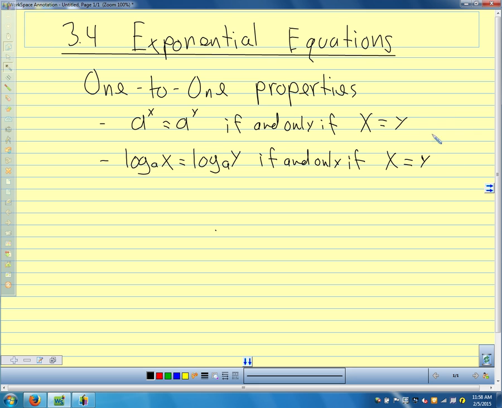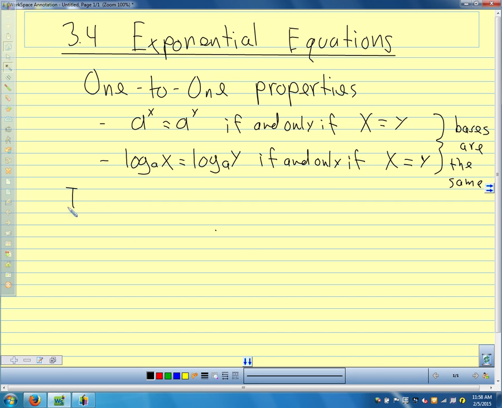And notice here that for both of these, the bases have to be the same. So the bases on both sides of the equation are the same. So we have to have the same base on both sides of the equation for this to work. So that's one set of the properties that we'll use.